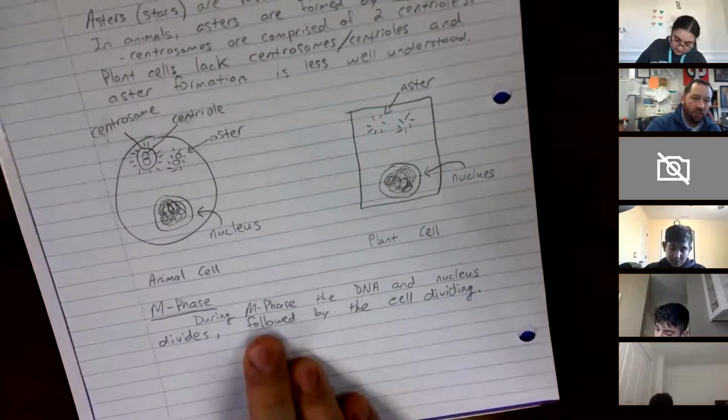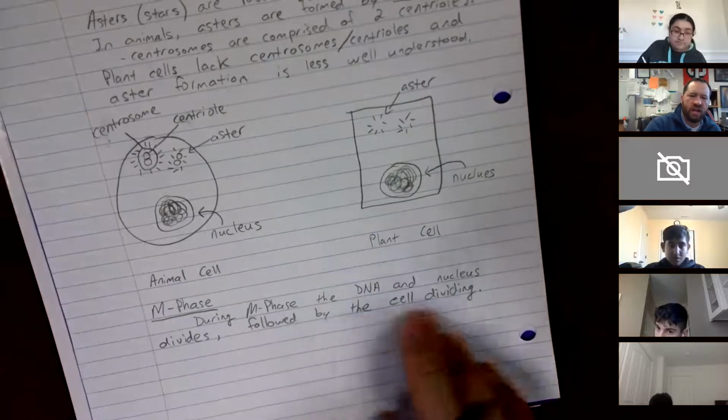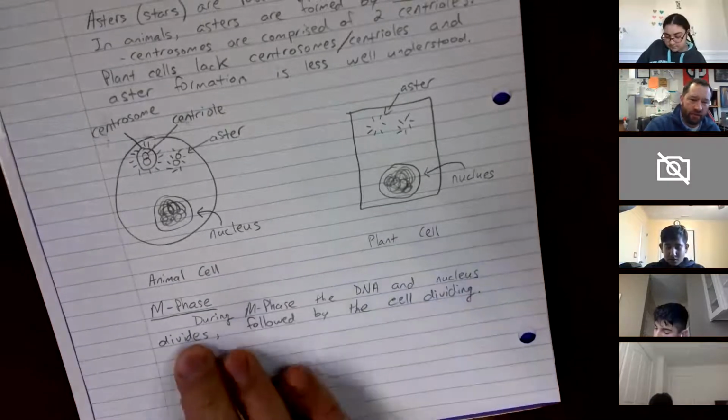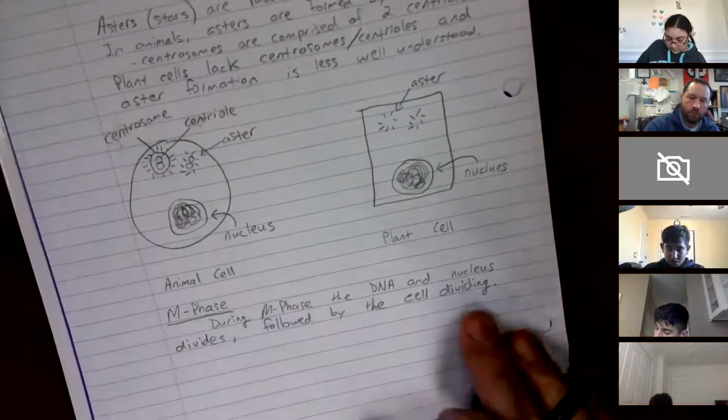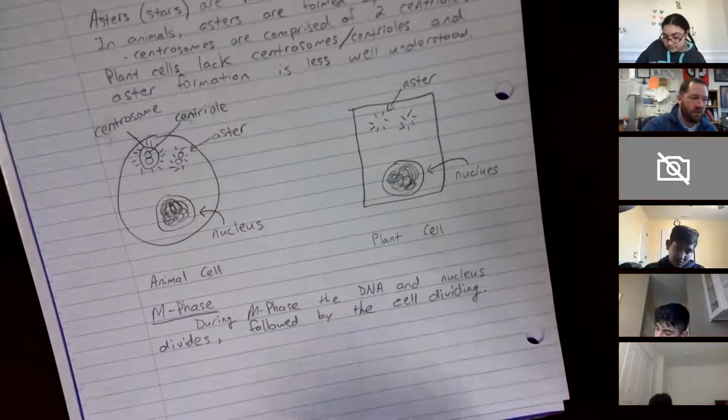During M phase, the DNA and the nucleus divide, followed by the cell itself dividing.